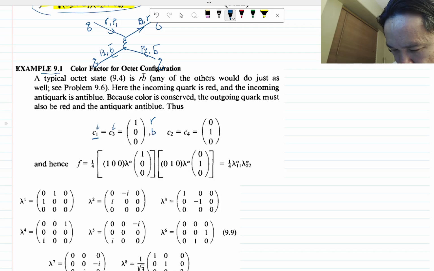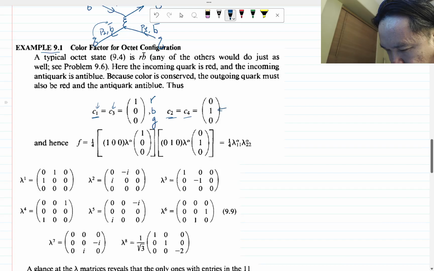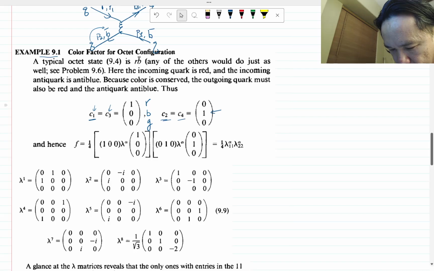You remember that the second component represents blue, the third component represents red. Since this is an antiparticle, the antiparticle actually negates this blue bar stuff. So therefore the color vector of the antiquark is actually going to be 1 down here in the middle component.